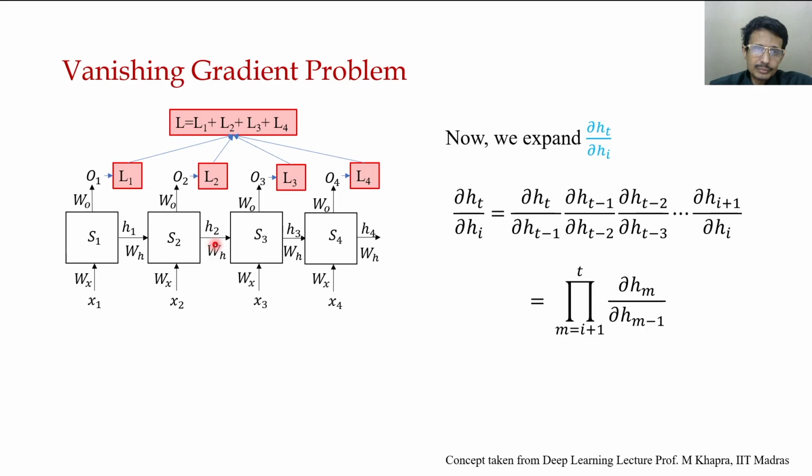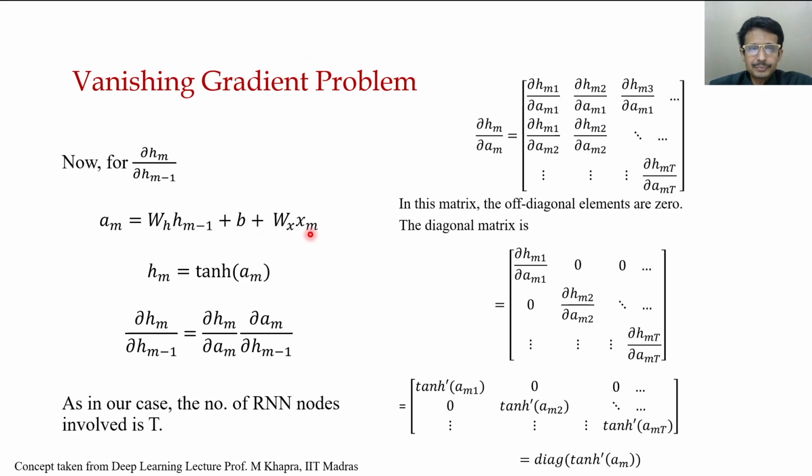So hm is essentially tanh of Wh into hm minus 1 plus the bias plus Wx x.